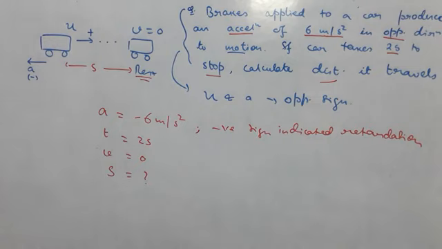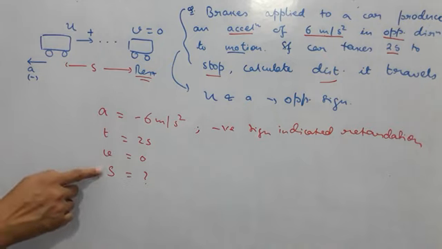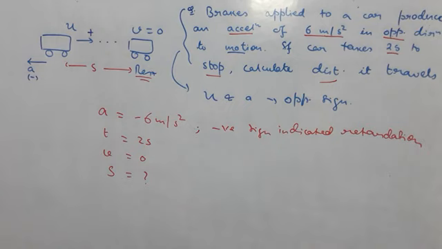Now we are given a, t, v, and we have to calculate s. So which formula can we use here? You have to think what is missing here. Here the missing thing is u. So which is the formula without u?